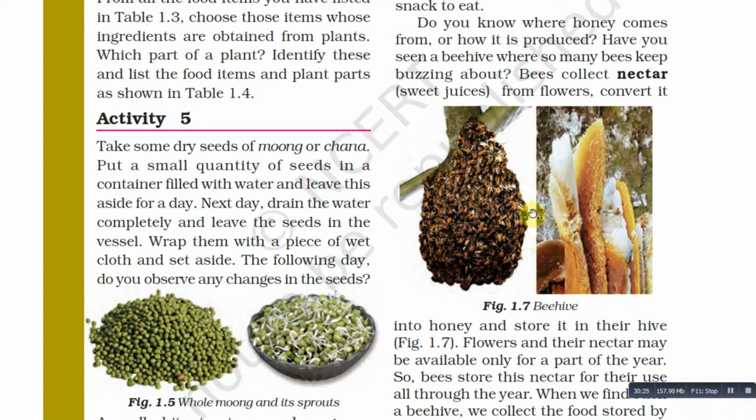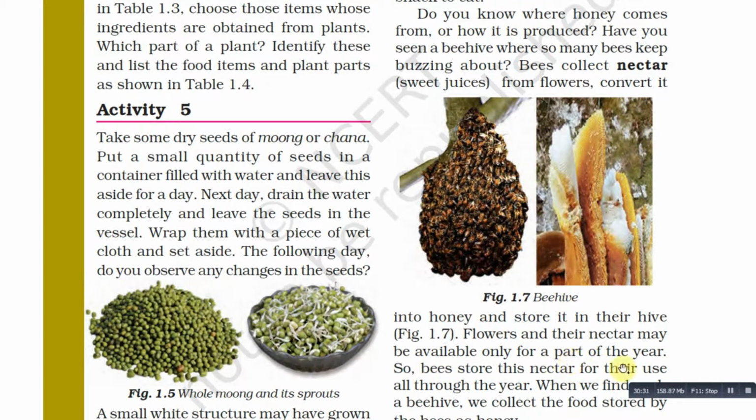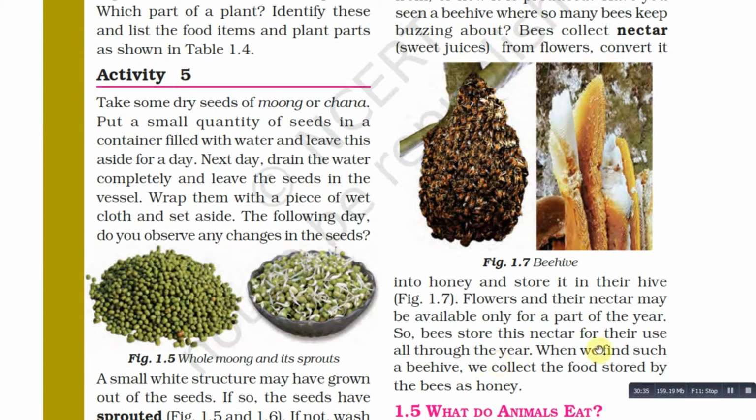Okay, this is a beehive. Flowers and their nectar may be available only for a part of the year, say for 4 months. So bees store this nectar for their use all through the year. When we find such a beehive, we collect the food stored by the bees as honey. Okay, this is for information.